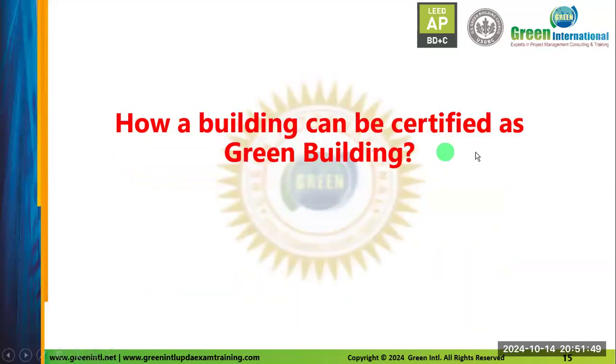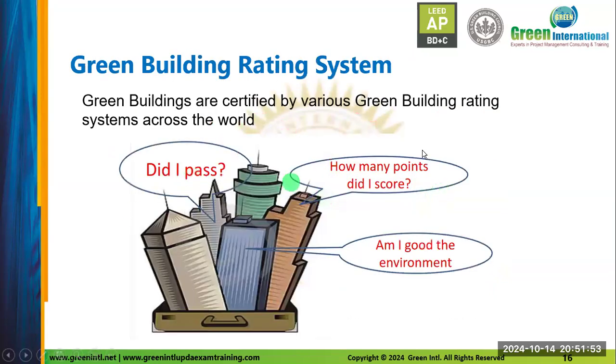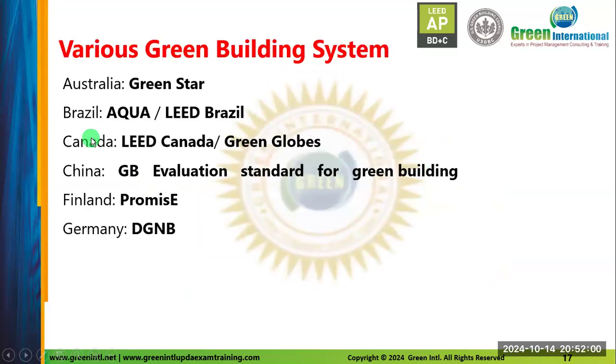How can a building be certified as a green building? Of course, we go for LEED certification, or any certification. In many countries in the world, they use these types of certificates. You also need to have an idea about what Green Star is. Green Star is used in Australia. Brazil uses Aqua and LEED Brazil, LEED Canada.